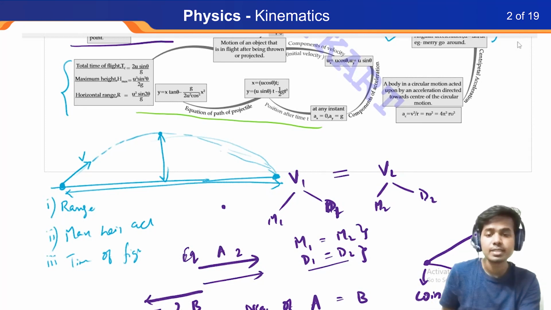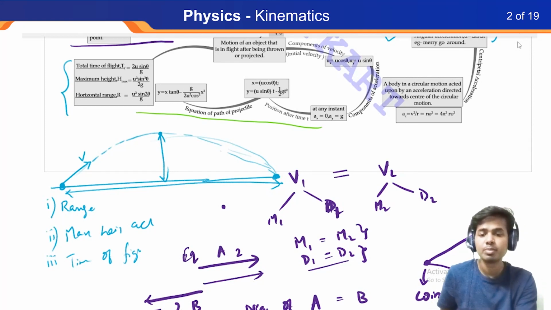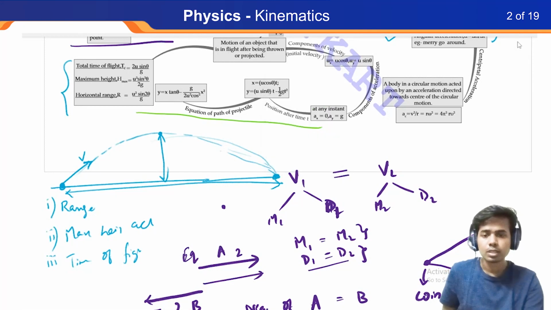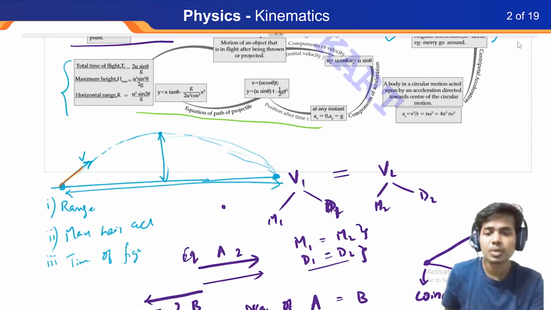What you will do here is, I'll just give you a very basic thing. I will choose another color here. You will divide this particular velocity into its horizontal component and vertical component, based on theta.